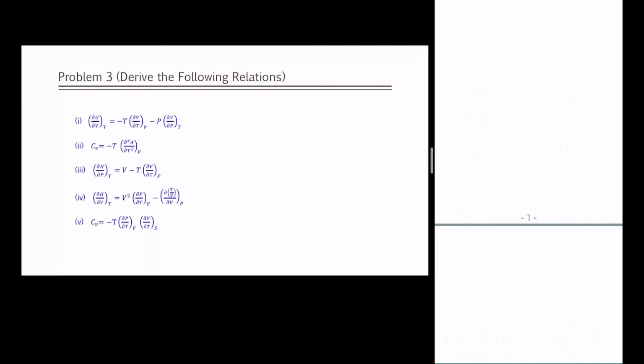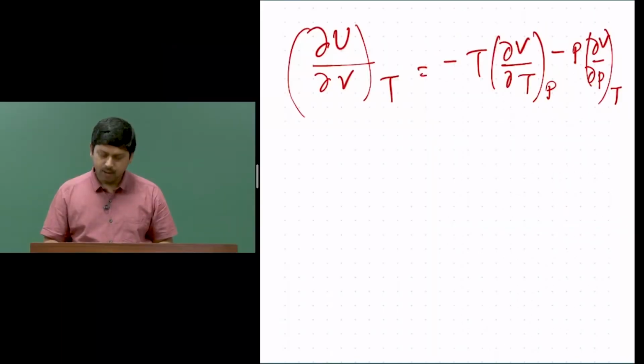So, the first problem that we have to do is to show that del U by del V at constant T equals minus T del V by del T at constant P minus P del V by del P at constant T. This is almost similar to the Joule's expansion problem, right.